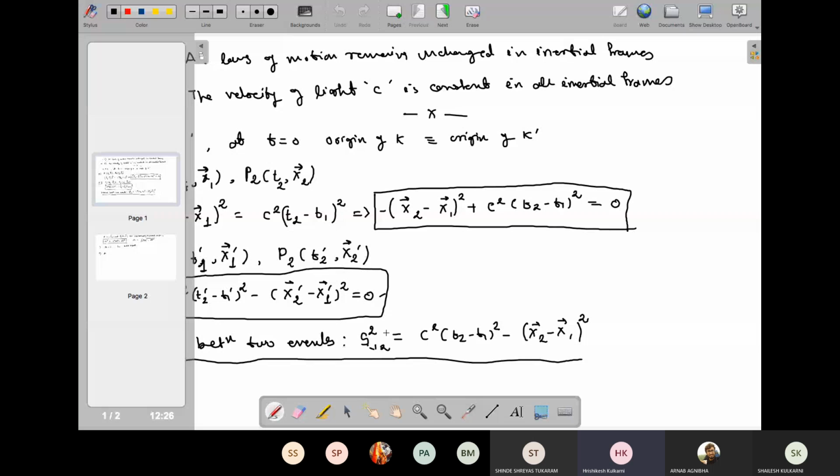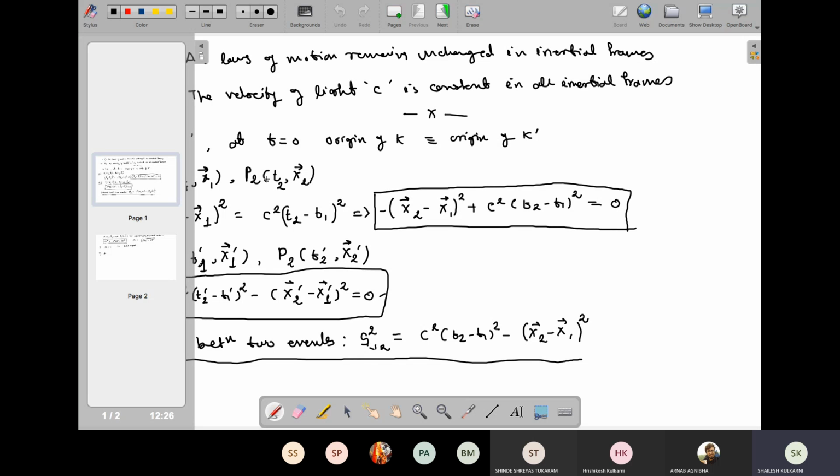When I am at P2 and receive the light signal, I will say that for me P1 has happened at that same time. No, not time. See, the first event is labeled by T1 and X1, the second event by T2 and X2.